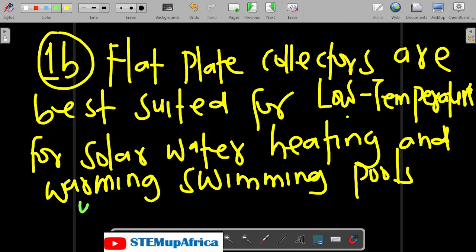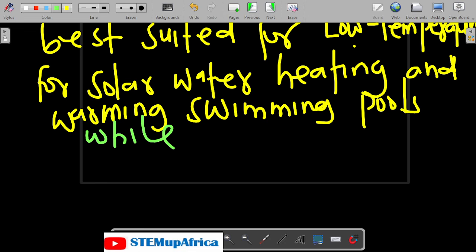Why the second, which is the focusing collector? You know, it should be the opposite of the first.